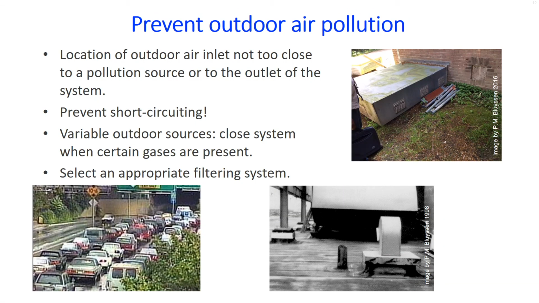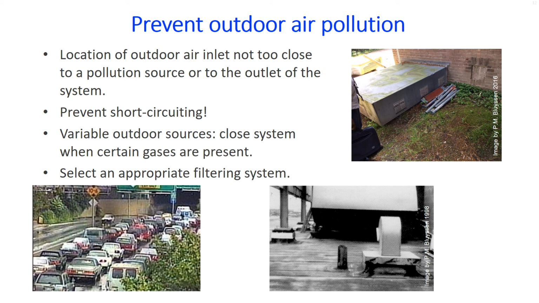For all of these components, it is of course important to prevent outdoor air pollution to enter the system by selecting the location of the air inlet not too close to a source of pollution. For example, not nearby the ground or nearby an outlet of another or the same system. When the inlet is too close to an outlet, short-circuiting can occur, and thus reuse of air.